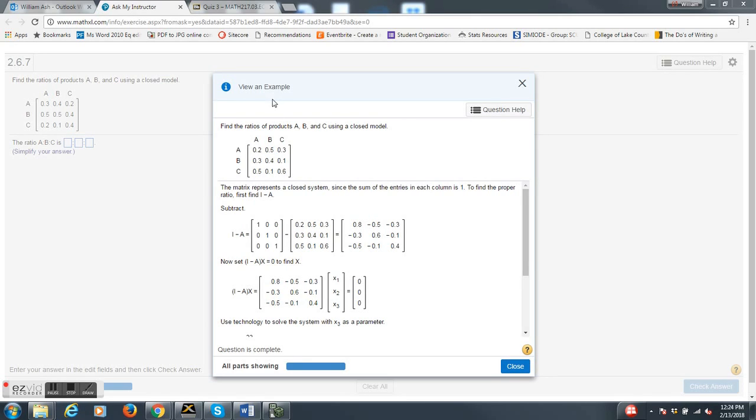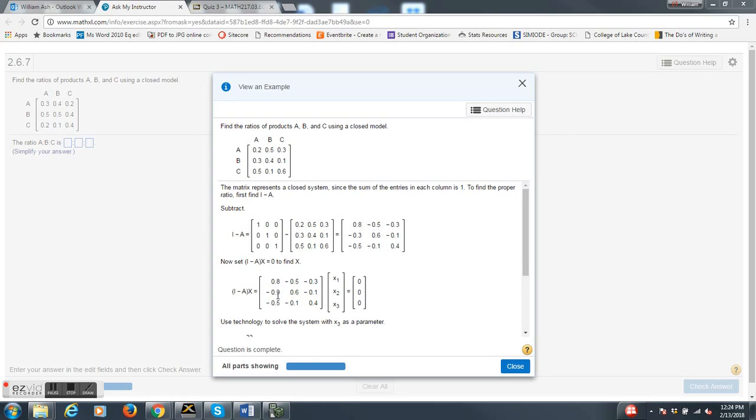Based on the example, they gave you your matrix here. It's 3 by 3, and what you have to do is set this equal to 0. So this is ultimately a system of equations: 0.8 x1 minus 0.5 x2 minus 0.3 x3 equals 0.